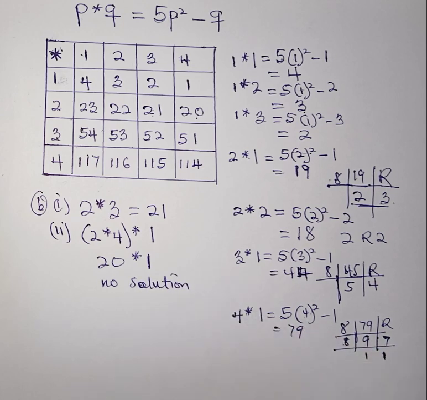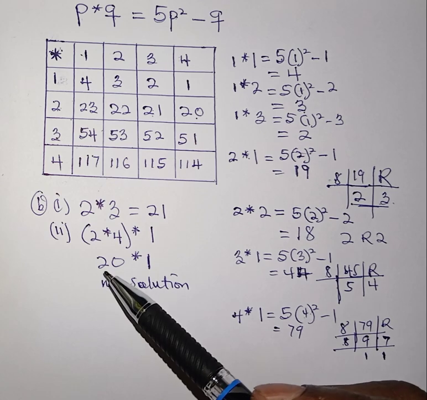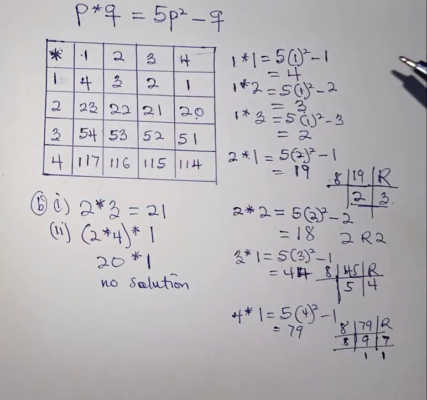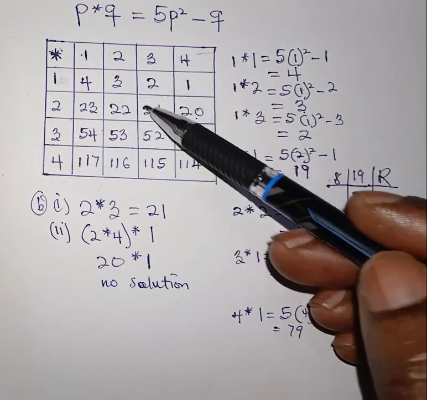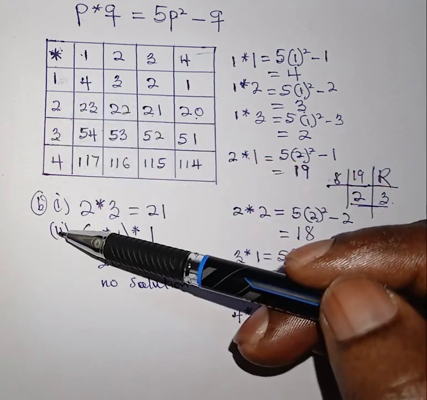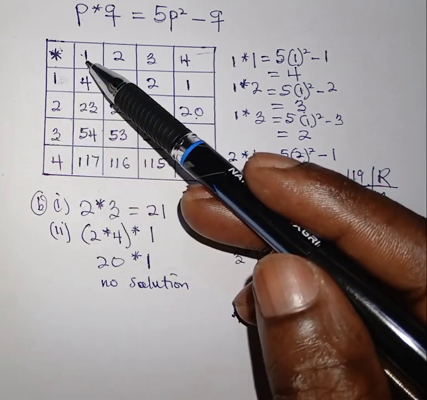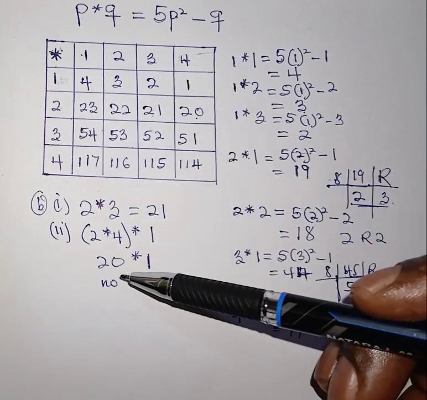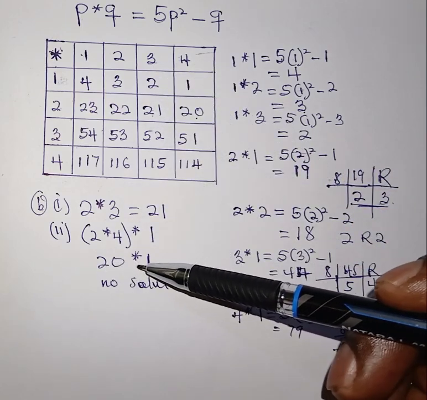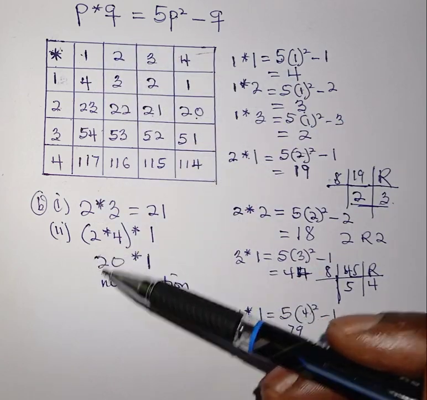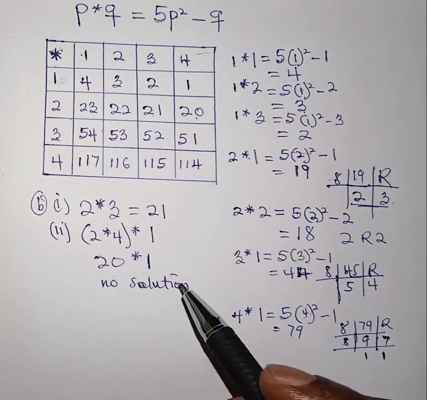Because the question restricted us to use the table, you can't find any 20 here, even though we have 20 in the table as our answer, but not in the set. The set was given as 1, 2, 3, 4. So you need to make sure that whatever values you are going to use are in the domain of the set given, but 20 is not there. That's why we are saying no solution.